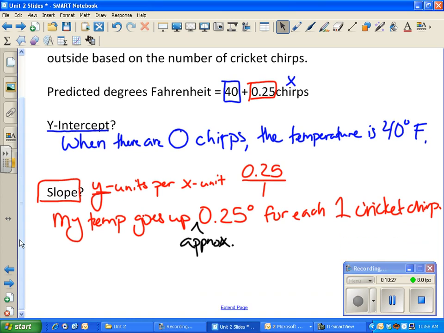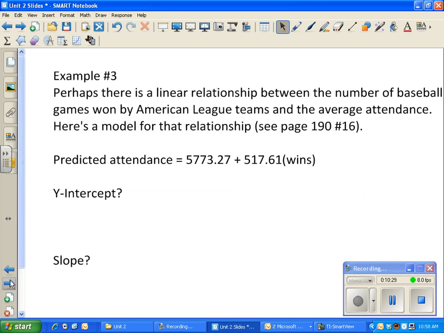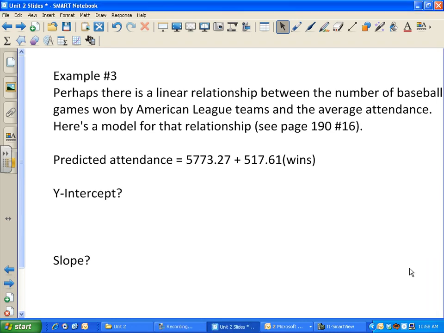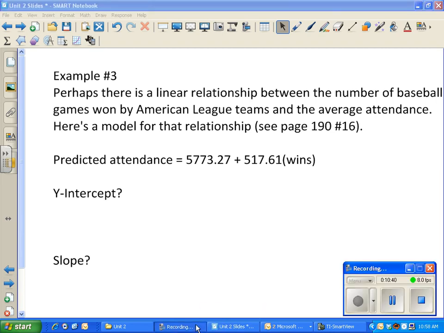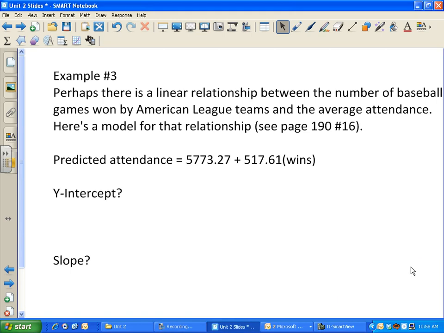All right, so I do actually have one last example, and I'm going to ask you to try this one. Remember, you have two things to do: interpret a y-intercept and interpret a slope. So for example number 3, here's our last example.